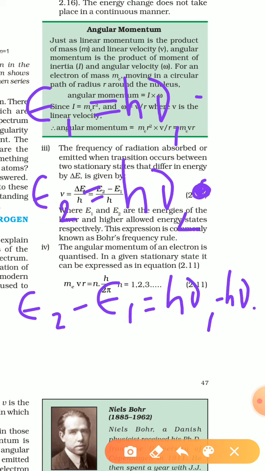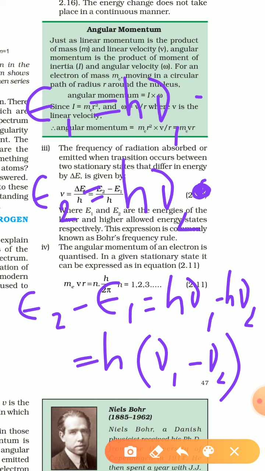Taking h as common, I get h times nu2 minus nu1. E2 minus E1 I can write as delta E. Delta is a Greek letter which means change, so delta E means change in energy, right?